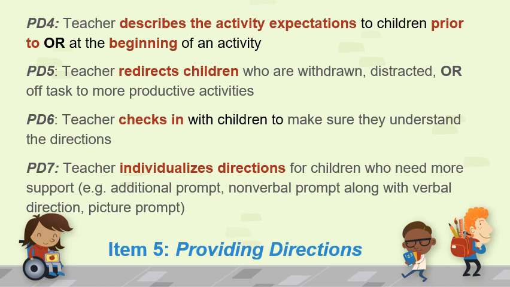For example, you might say, "You chose block area today. Why don't you go to the block area and see what you can find to play?" So you're redirecting the child to something they had planned to do.